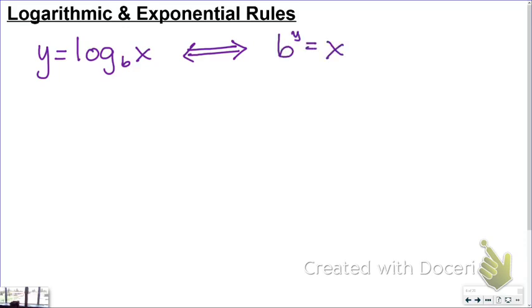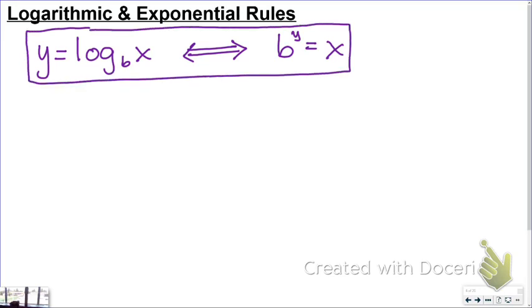That is the basic relationship between the log form of an equation and the exponential form of an equation. And that should get you through at least the first couple of problems.